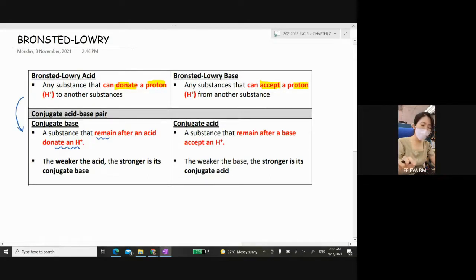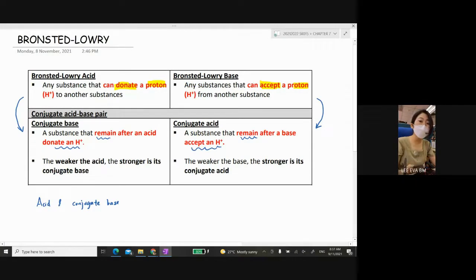The weaker the acid, the stronger is the conjugate base. Ini adalah pasangan acid dengan dia punya pasangan conjugate base. Okay, so this is considered one pair, the reactant and the product. And then the Bronsted-Lowry base, the partner or the product is conjugate acid. So a conjugate acid is a substance that is produced after a base accepts an H plus.